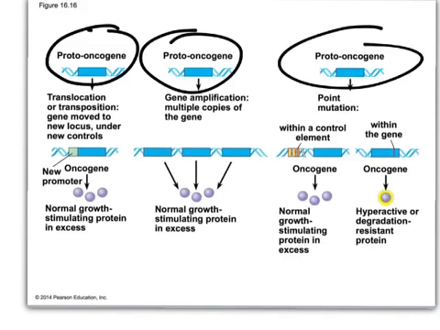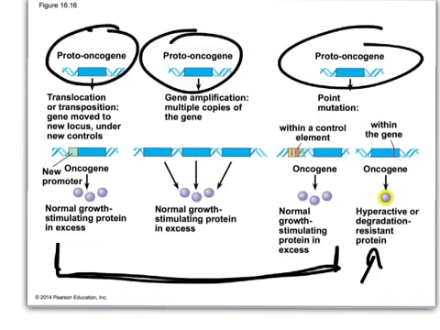So now instead of increasing the number of RAS molecules or proto-oncogene molecules, this point mutation has changed the activity. Now it's more active. Or you can't shut it off, or you can't break it down anymore. So it's always present. So in effect, it's an always on type of message. Right? The stimulus to grow is always there.